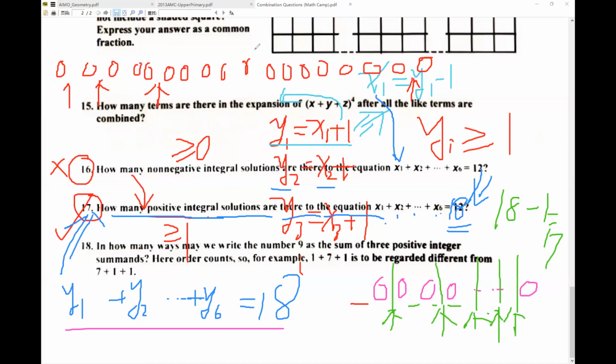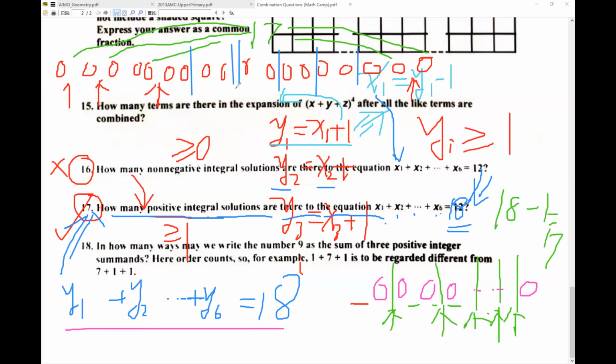You are right. You just do question 17 again, right? So there are 17 gaps. Then next step, I put 5 bars in the 17 gaps. All the bars must be separate, because two bars cannot be put together.